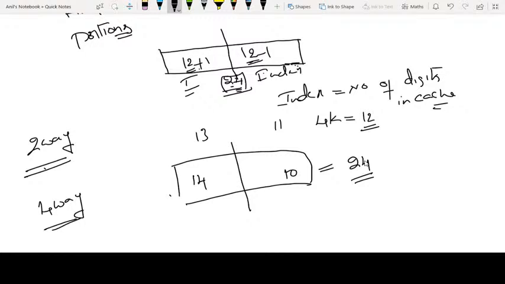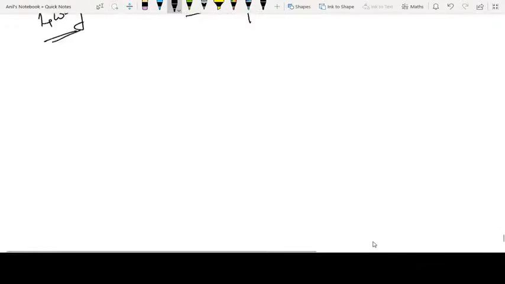Okay. Now, most of the times, the question will also have another part, that is the block size.